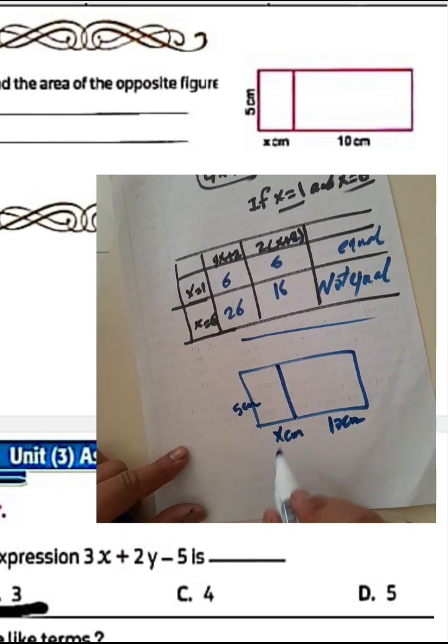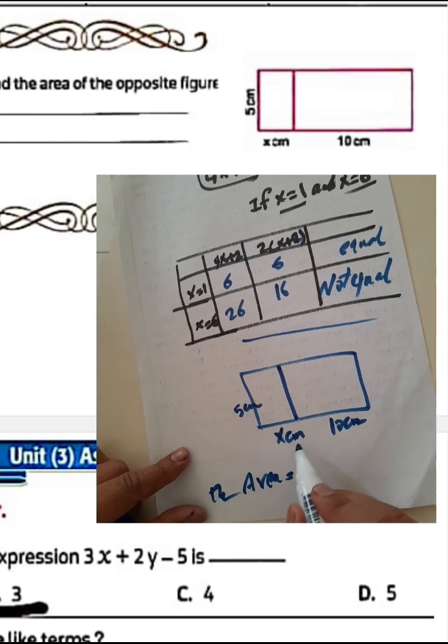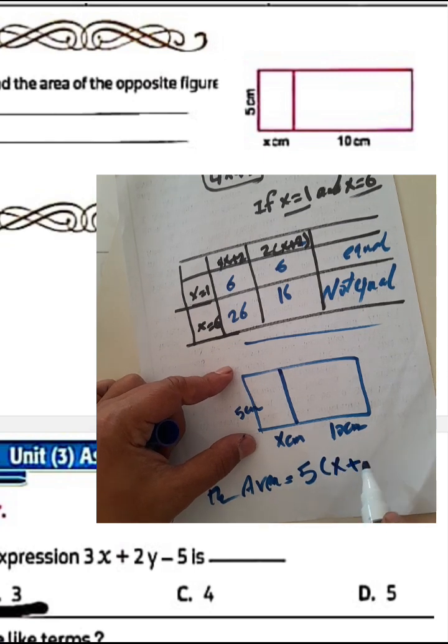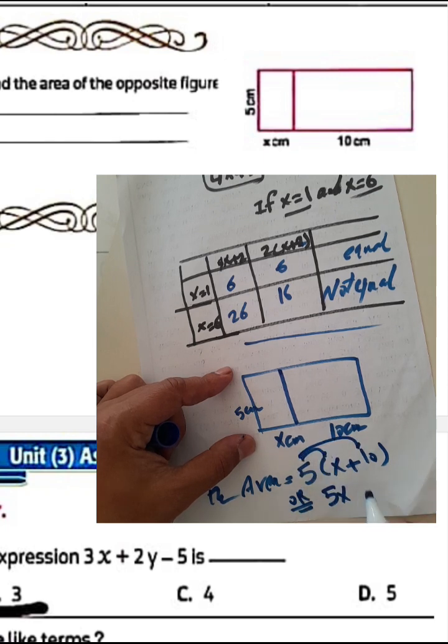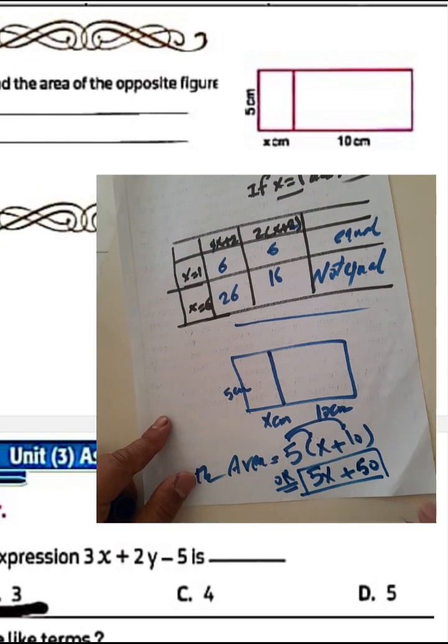Then we can find the area. Okay, we can write 5 multiplication by length x plus 10, or you can write 5x using the distributive property, 5x plus 5 times 10, it will be 50. Then the expression is 5 times x plus 10 or 5x plus 50. Okay.